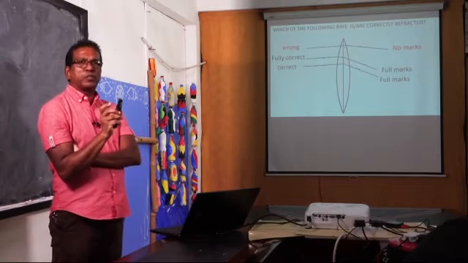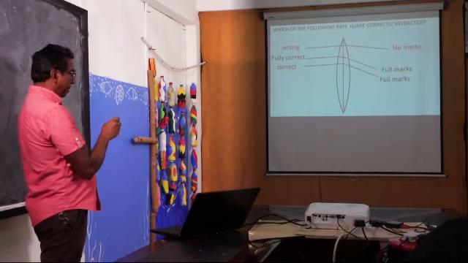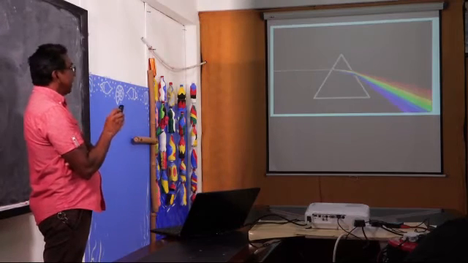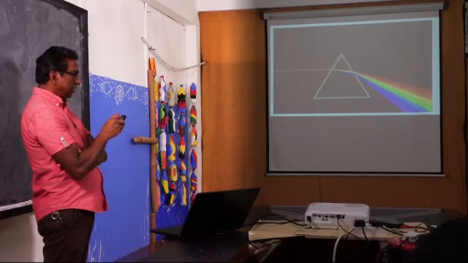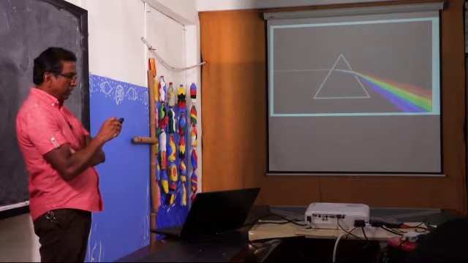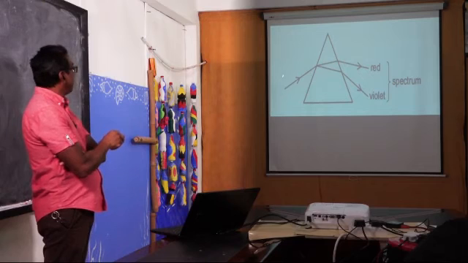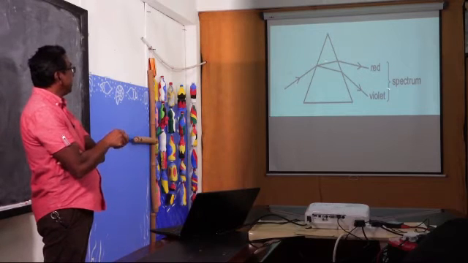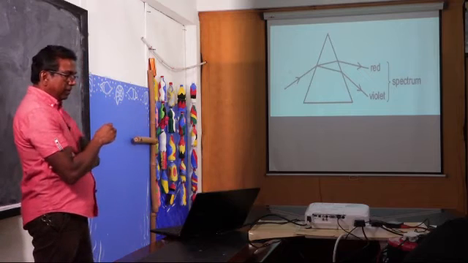Therefore, be careful about this one when you are drawing your rays. And the same thing applies to the prism. As you know, when the ray of light goes in, it doesn't go straight, it gets refracted, and then the rays get split. We studied it earlier. The ray of light does not go straight, it gets split. And this is dispersion of light, right?